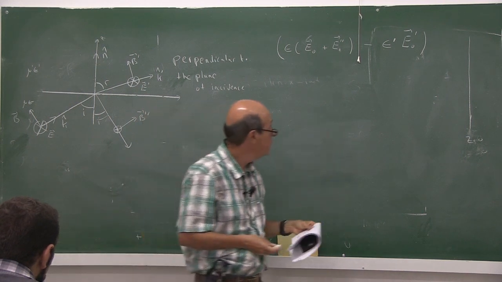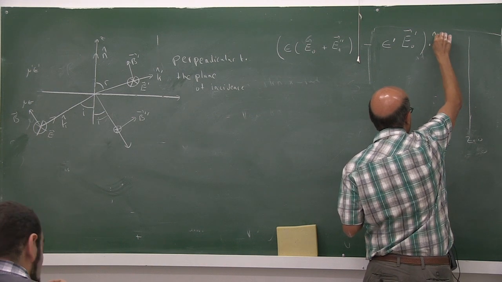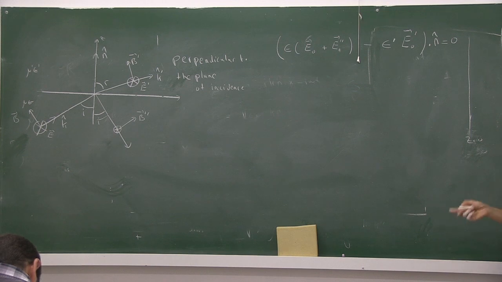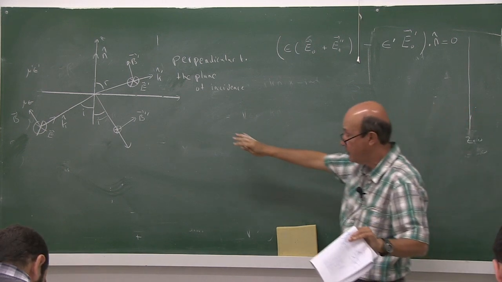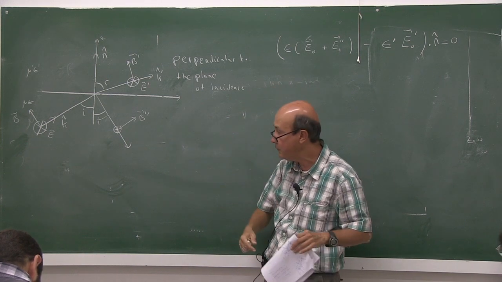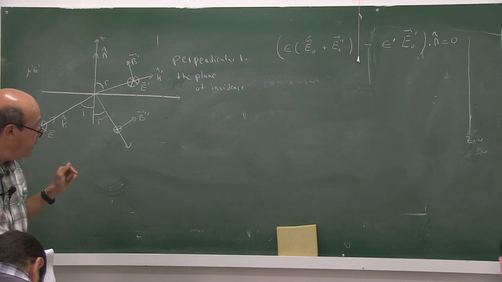So you should take the dot product with n and equate to 0. Okay, in general, so forget about this. This is simple for that. For different polarization, I am going to draw again.